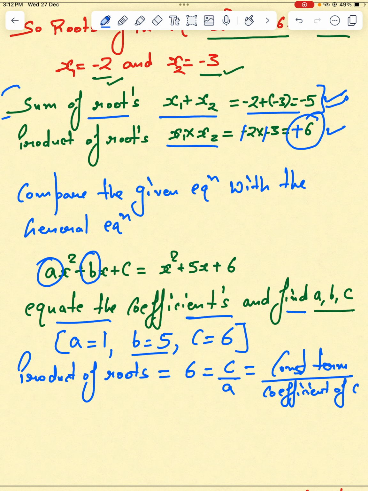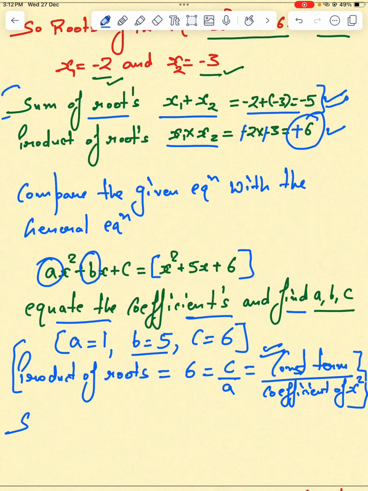x square, right? So if in your 1 mark question, like in an MCQ, they have asked you directly, what is the sum of the roots or product of the roots of the given equation? So from the equation you can directly find out by putting product of roots equal to c upon a. So put the value of c from the equation and divide it by the coefficient of x square, right?